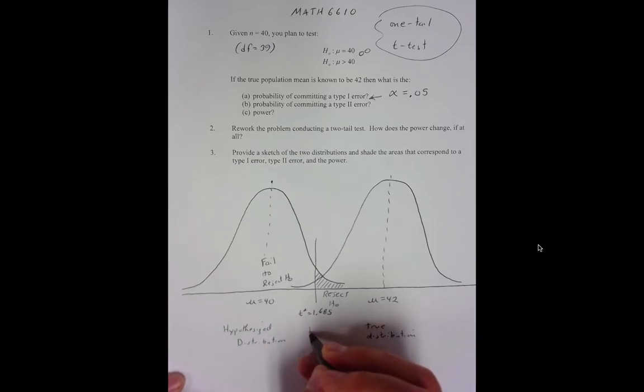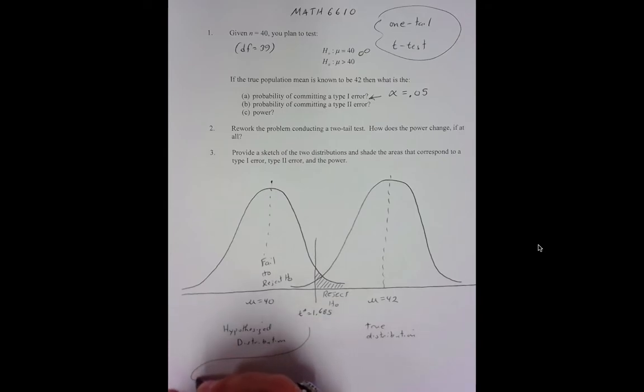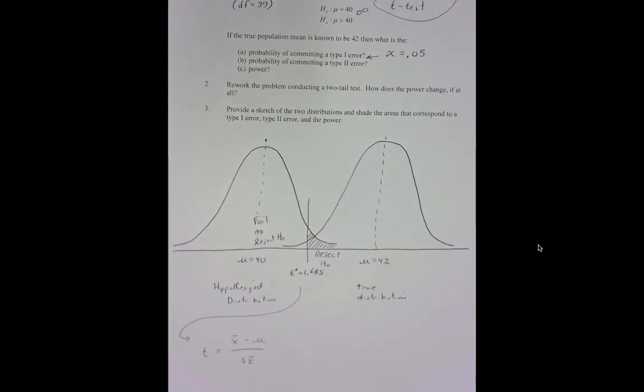So I need to get this thing back to the original scale using a formula that we used way back in undergrad called a z-score formula. Typically we saw z equals x minus mu over sigma, but since we're dealing with a sampling distribution, t will be equal to x bar minus mu over the standard error.